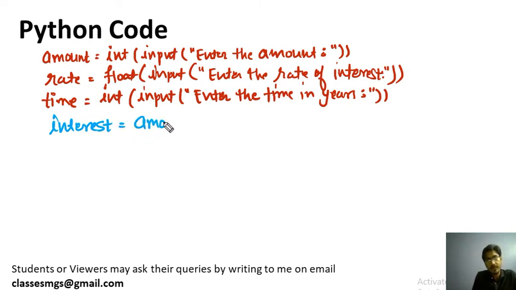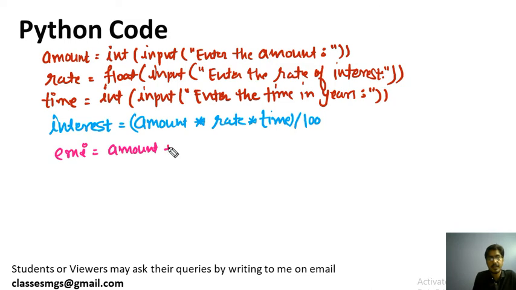So amount into rate into time divided by 100, and then you apply the formula to calculate the EMI. So EMI is equal to what? Amount plus interest, this is the total amount, divided by time.